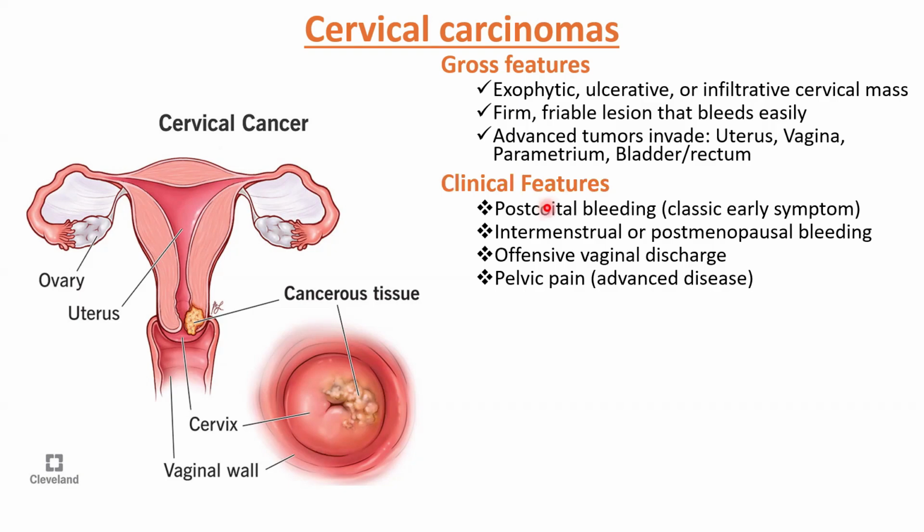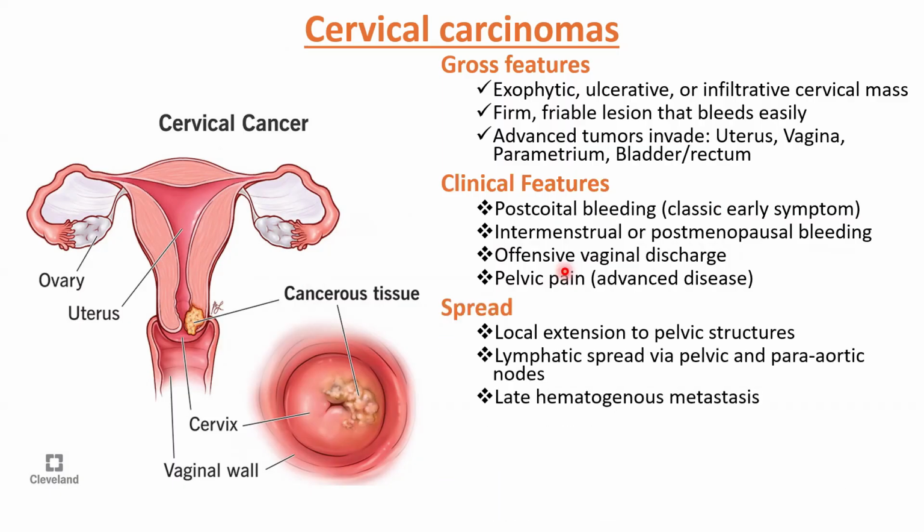As in cervicitis, the person will have postcoital bleeding, or the person will have intermenstrual or postmenopausal bleeding. And then the person might also have offensive vaginal discharge and pelvic pain in a person with cervical carcinoma. So it's actually not a very good condition.